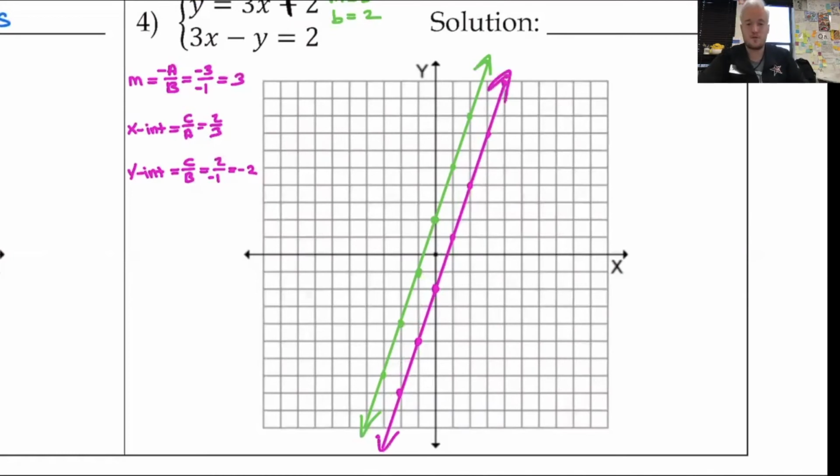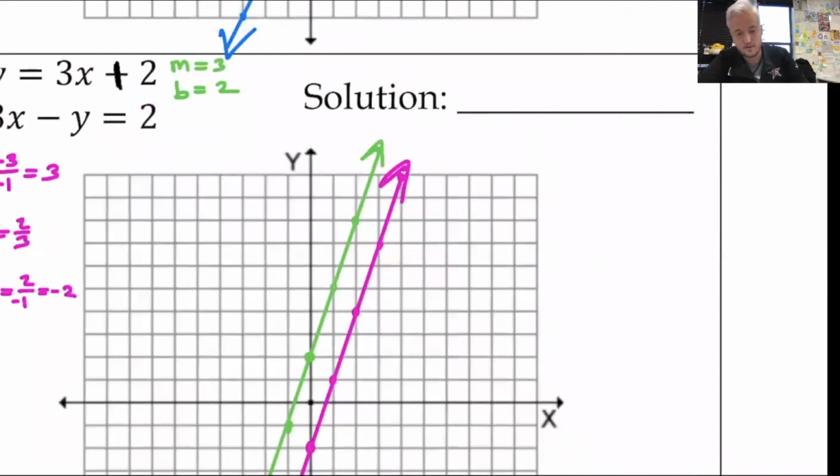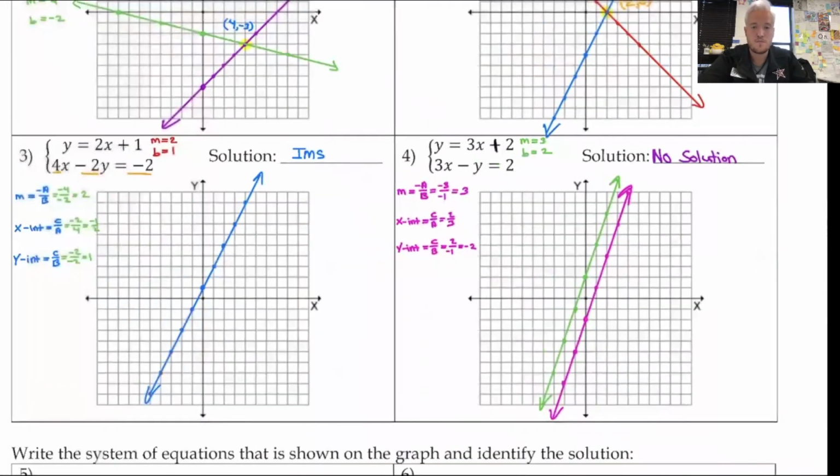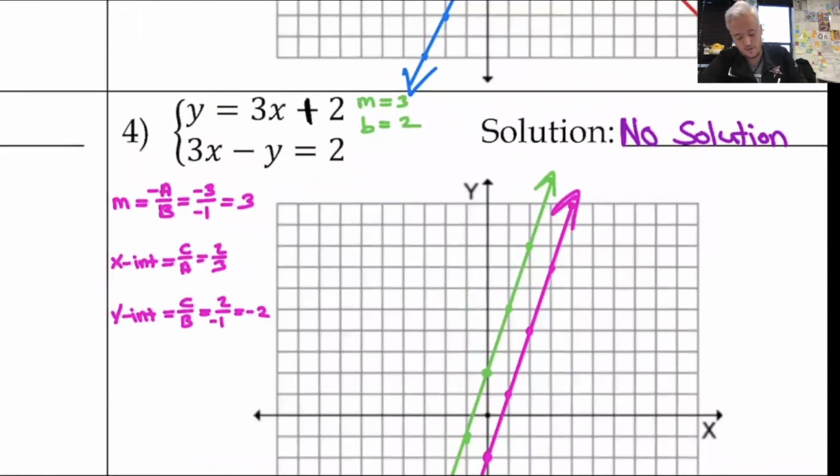These equations do not cross at all, which means our solution here is there's not one. So this would be no solution. This is just if I made this change, that should have been a positive.